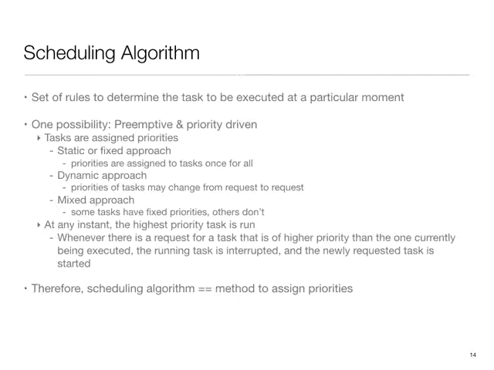There is one common variant to this, which is instead of saying at any time the highest priority task runs, we can back off and say we will wait until the currently running task gives up the CPU.